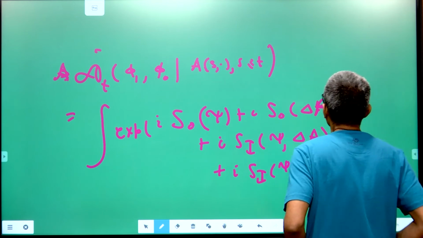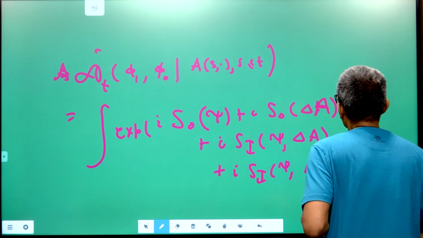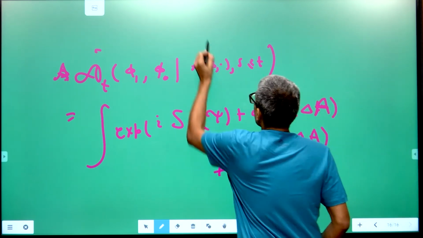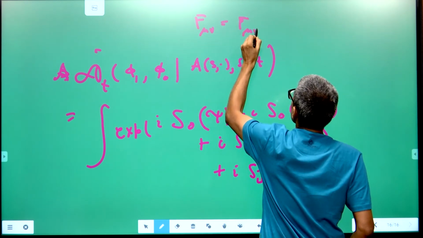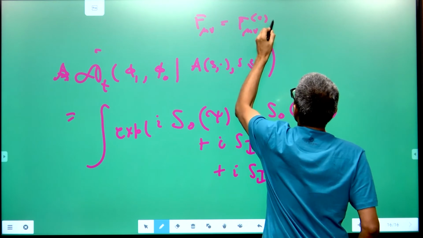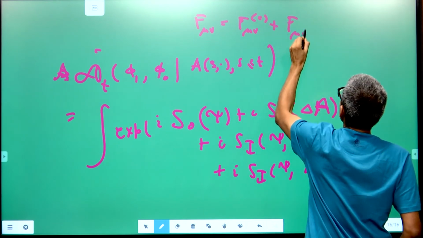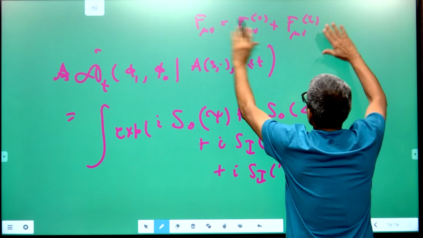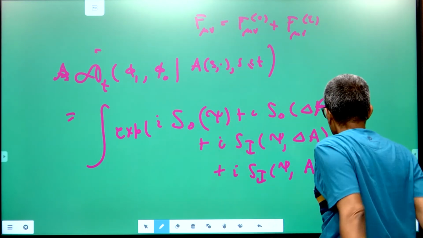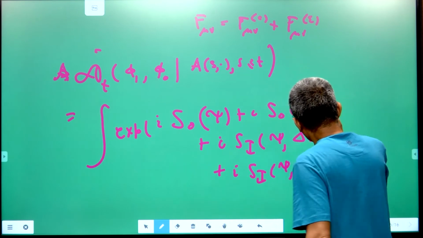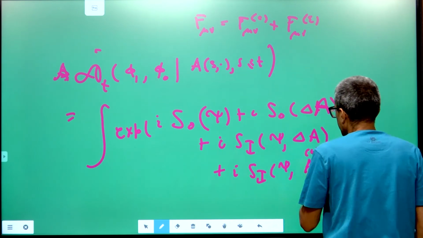You are assuming that the control electromagnetic field does not interact with delta A. Actually of course it will, because when you compute F mu nu you have to compute it as the sum of F mu nu due to the control classical field plus F mu nu due to the quantum field, and then you take the square of this, it will contain cross terms between classical and quantum. But you are assuming that your control electromagnetic field A_C affects only the Dirac field.